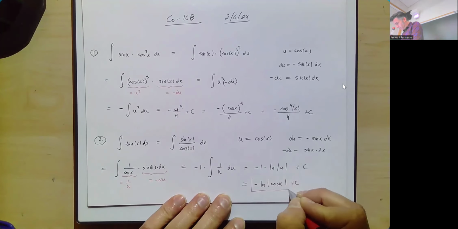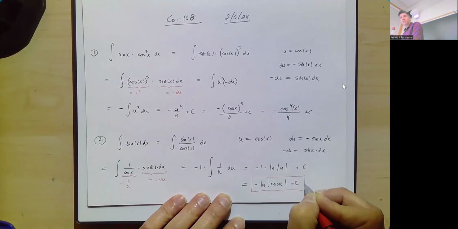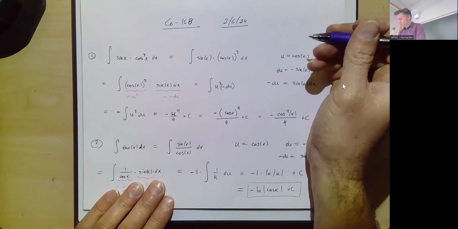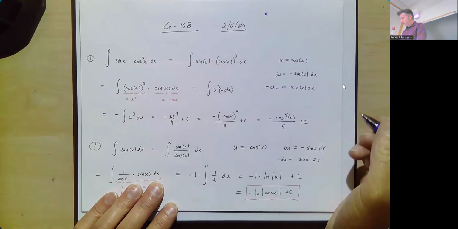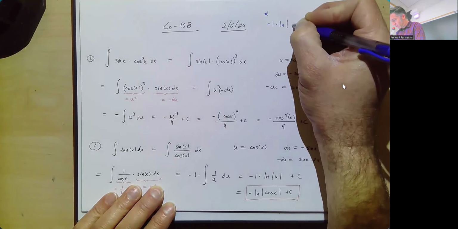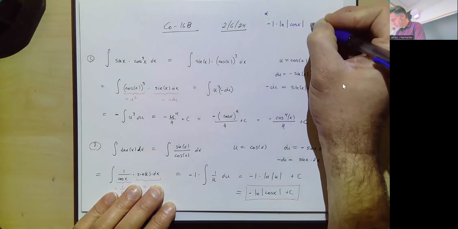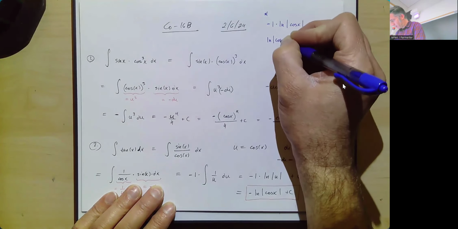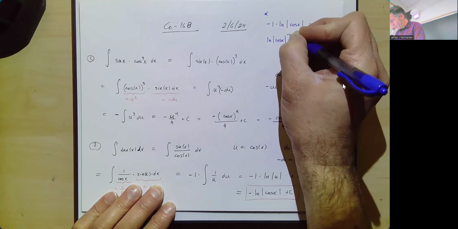We'll point out there's an alternative way of writing this answer. You can also equivalently write it as the positive natural log of the absolute value of secant of x, which is kind of funky, but it's true. I'll just write it up here. So you have the -1 times the natural log of the absolute value of cosine of x. That's equal to the natural log of the absolute value of cosine of x raised to the -1 power.